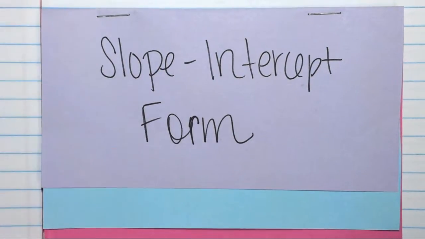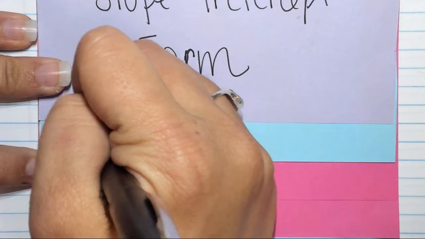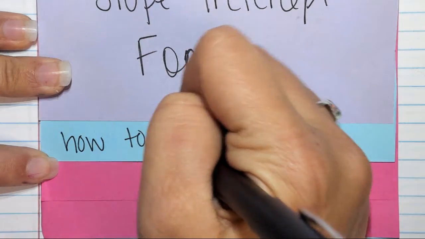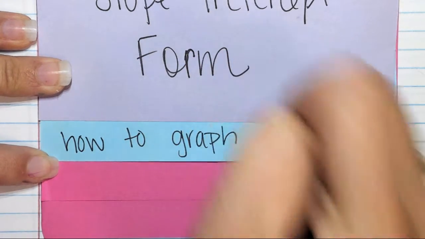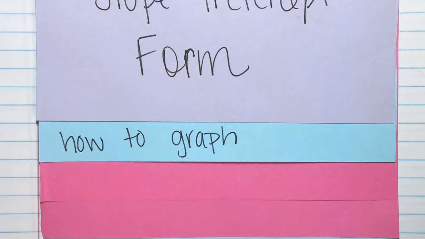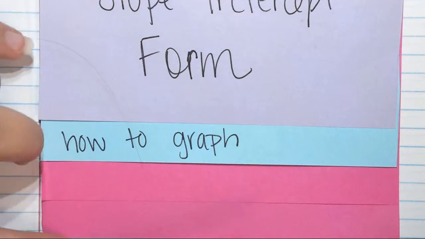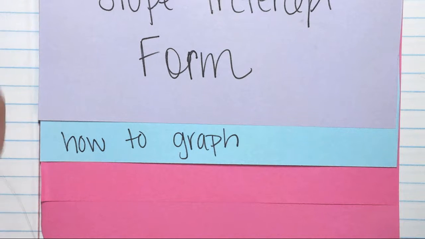It says slope-intercept form. The next line, I want you to write how to graph. You'll have 6 total. You'll have 1, 2, 3, 4, 5, 6.